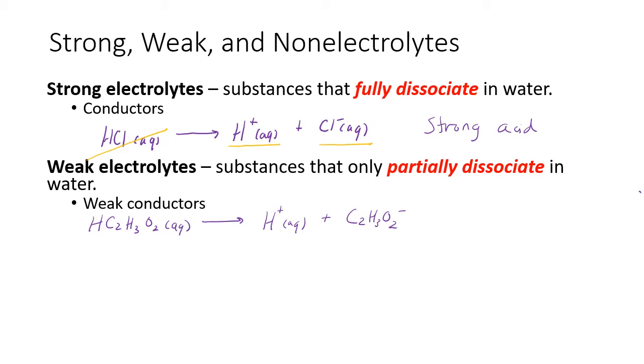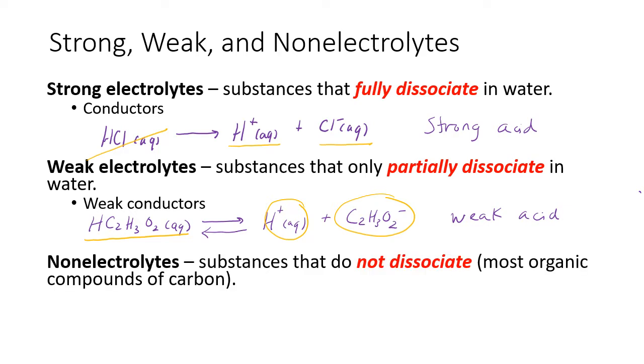But most of the acid is going to still remain combined as molecular HC2H3O2. So therefore, we used double arrows to represent the equilibrium of a weak acid. Weak acids only ionize to a small extent, so most of it will still be combined, and if you put a conductivity meter in this solution, the bulb will turn on a little bit, but it will not be very bright because there's only a small amount of ions in solution.